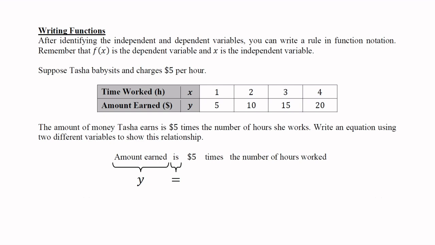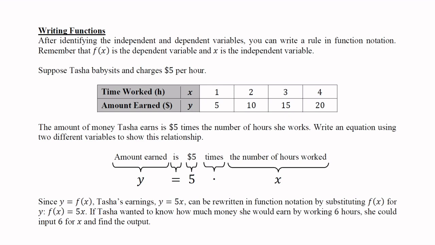"Is" is another way of saying equals. $5 is just our 5, times is multiplication, and the number of hours worked is our independent variable. It's our x. So we're going to put x in place of that. So we get y equals 5x. We can find out how much she earned by putting in how many hours she worked.